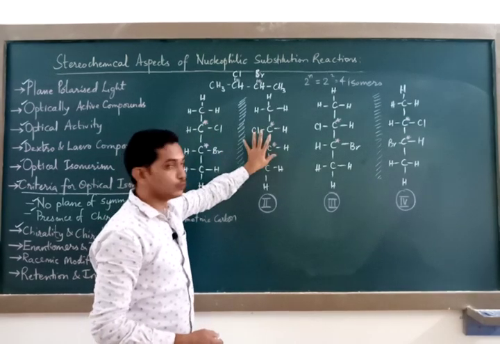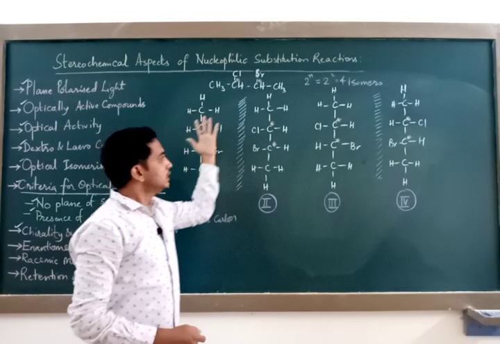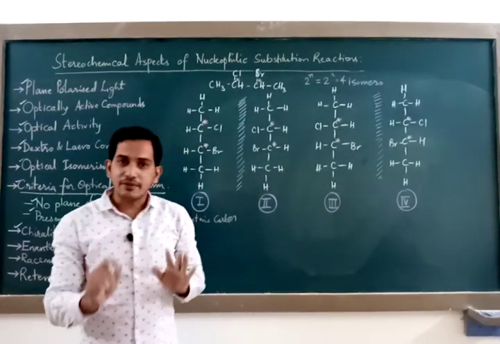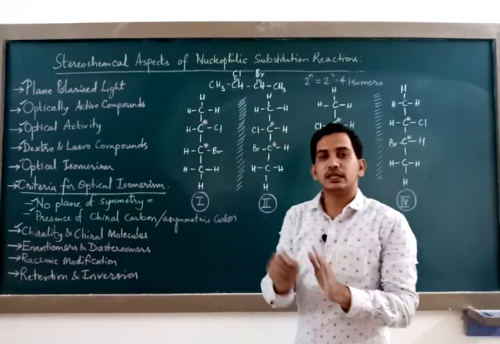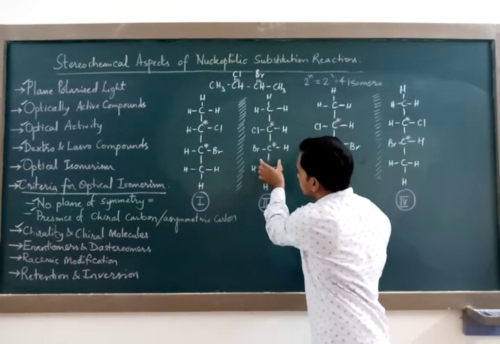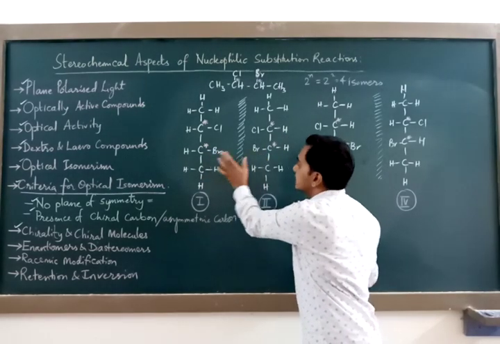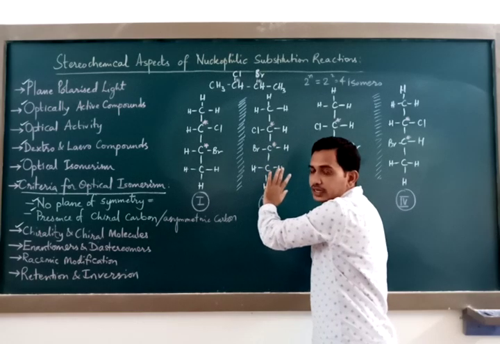You are not supposed to do like this. Understood? Lift the first isomer as it is, keep it on the second. Tell whether these two isomers are coinciding, whether the atoms present in them are coinciding. Do they match? If I lift this molecule and place it on the second one, this Br will come here. So they are not getting superimposed.